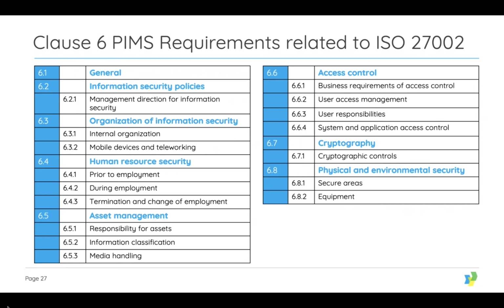So when we talk of information security policies, we're talking of management direction, of course, the risk appetite, and the direction as to what is the mission for the organization, and against which the policies are based, right? And then how the information security is organized and factors in the HR, asset management, access control, cryptography, and of course the physical and environmental security.